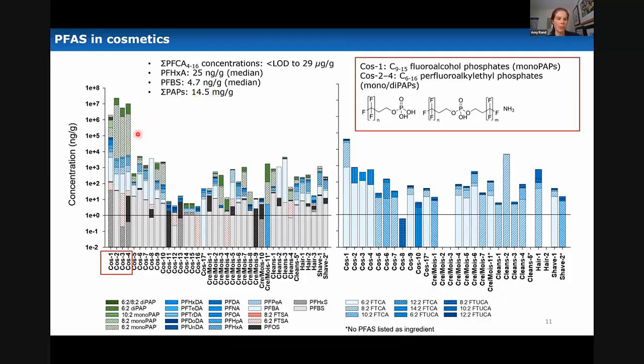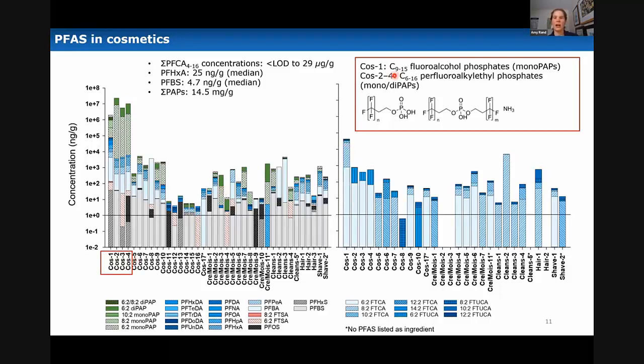So the products that contain the highest level of these PAPs were unsurprisingly those products that contain PAPs as an actual ingredient. So cosmetic 1 to 4 all had some form of PAPs as an ingredient.